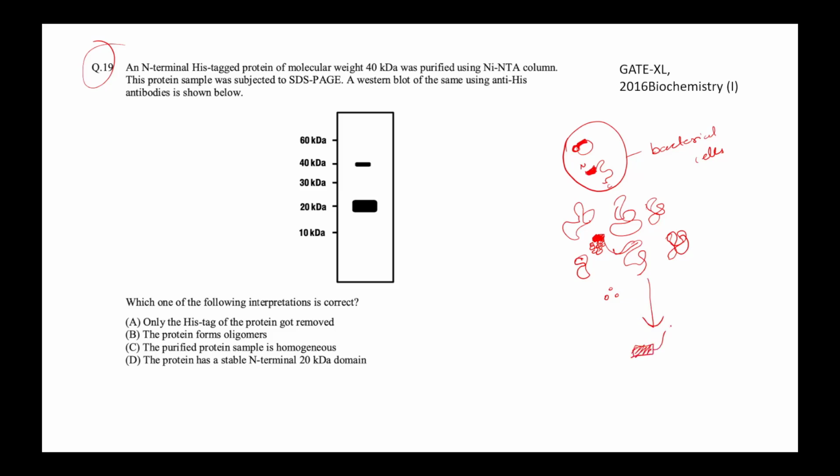This is the histidine tag protein, because it was bound to the nickel NTA beads, so we are able to separate it from other proteins. The non-specific proteins which do not have the tag will be removed, and our desired protein will be purified using this nickel NTA column.